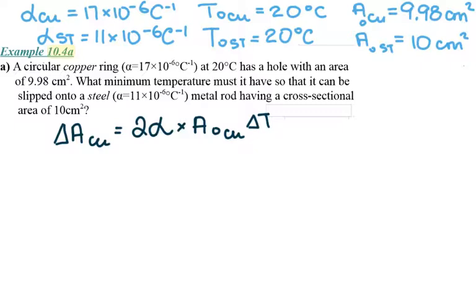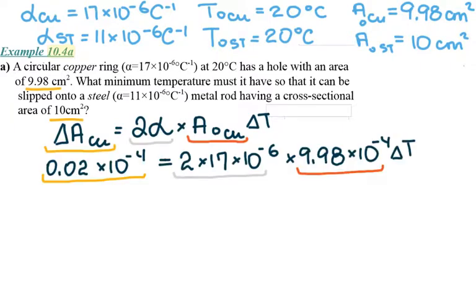If I plug in my numbers, I had to find by how much I want the area to change. So I subtracted the 2 areas, and centimeters have to be -4 because it's squared. I underlined in color so you see how I plug in my numbers. So for temperature, I find that the change of the temperature has to be equal to 58.9 degrees Celsius.